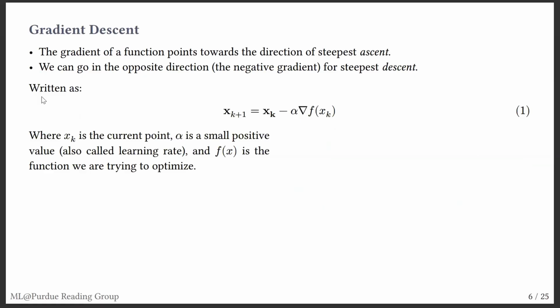Numerically, that's written as this: the new x, so your new position, is the previous position minus some alpha, which is, in this case, your learning rate in computer science, times the gradient. This will just keep getting you closer and closer to your final solution.